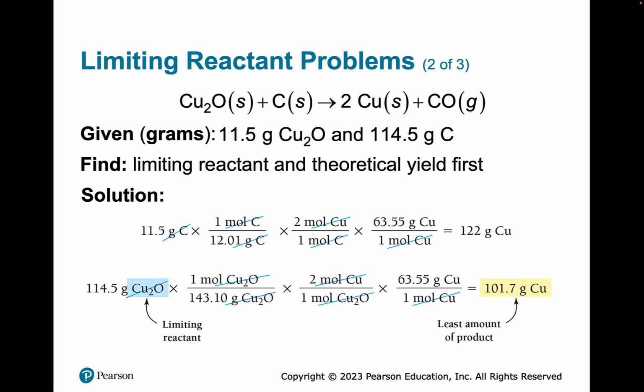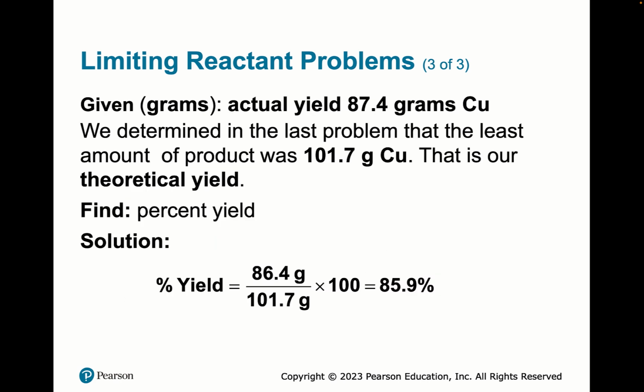Again, praise to the person that was designing this, because carbon's cheap and ores are expensive, so it makes sense that you want to get as much copper as you can. Copper is a pretty valuable metal. It's not the most valuable, but it's pretty valuable, so you want to rip as much copper out as you can.